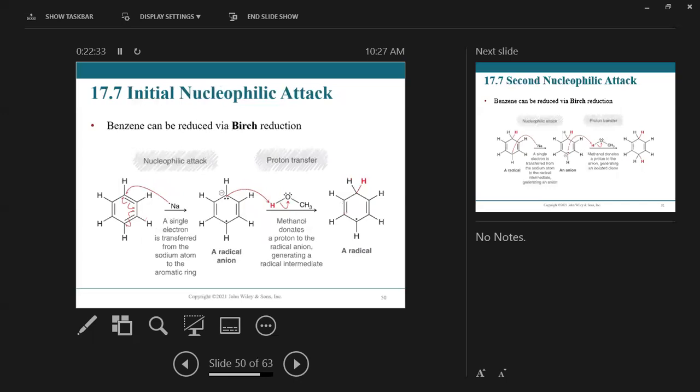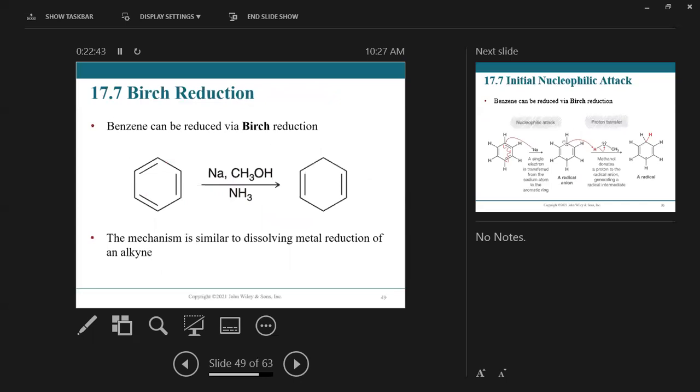So first, how we got there, we had the single electron transfer from sodium. They don't say. Usually it's not sodium metal by itself. Usually it's with a cation, like potassium or something like that.